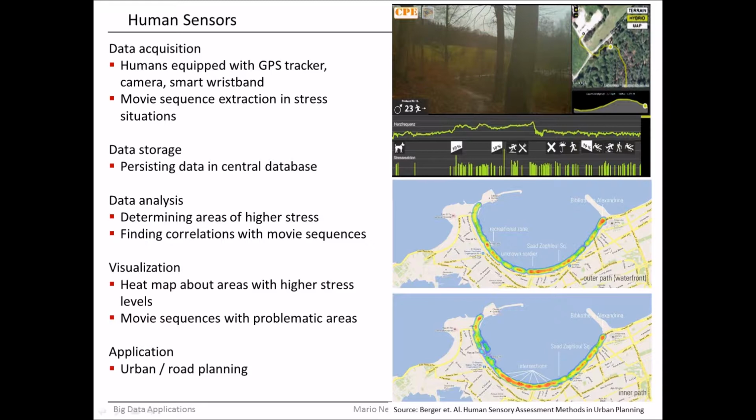So then you would detect it from the wristband data, and you can see what the bicycle rider or the jogger experienced when he or she moved along the path and where there were some difficulties in the path.